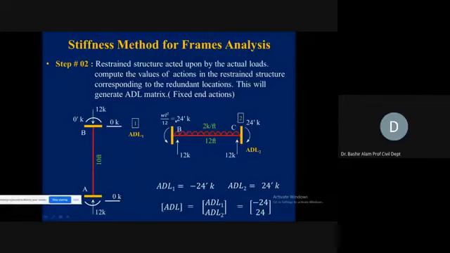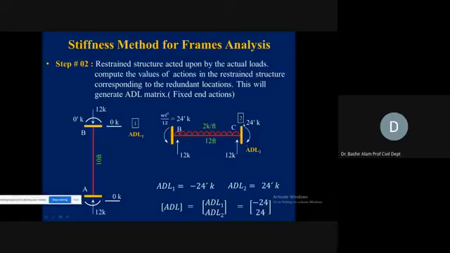Why minus? Because it is not corresponding to the D1 direction. That was the clockwise direction. It is opposite to that one. So minus 24 kip feet. So minus 24 plus 0, so ADL1 here we write minus 24 kip feet.